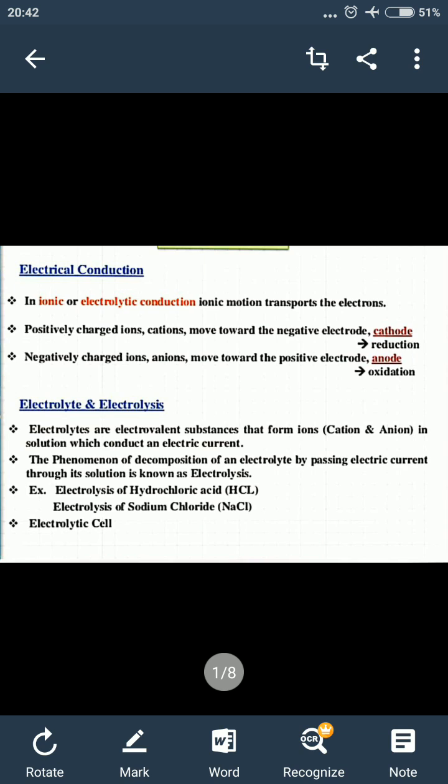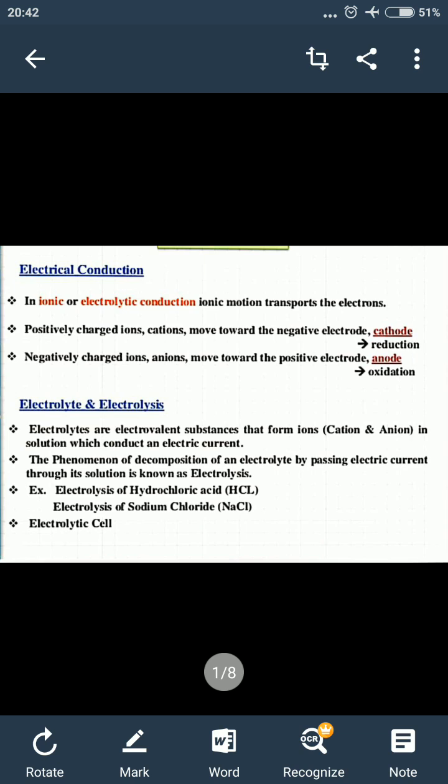Cations are the positively charged ions which move towards the cathode, and anions are negatively charged ions which move towards the anode.